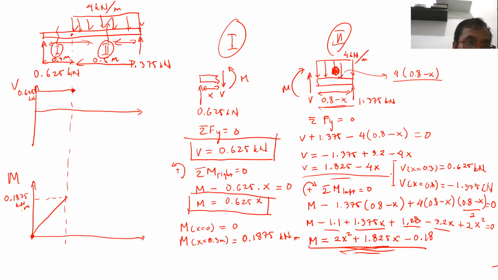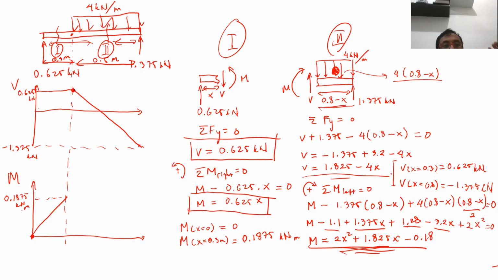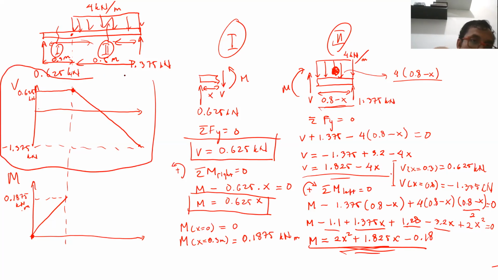At this point is the same as before, 0.625 kilonewton, and at x equal to 0.8, the results will be minus 1.375 kilonewton. So later, what you can do is this way. So this is your shear force diagram.